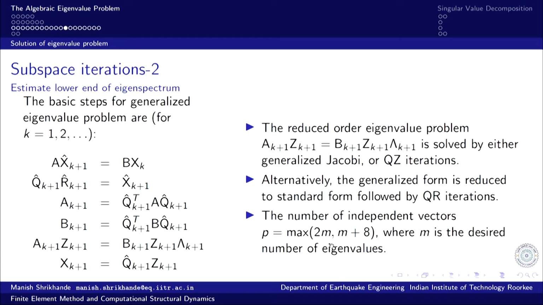As I said, the size of matrices A and B can be several millions of degrees of freedom, and accordingly there are going to be millions of eigenvalues, but not all these eigenvalues are required. So, we can work with very few eigenvalues, maybe only a few hundred.